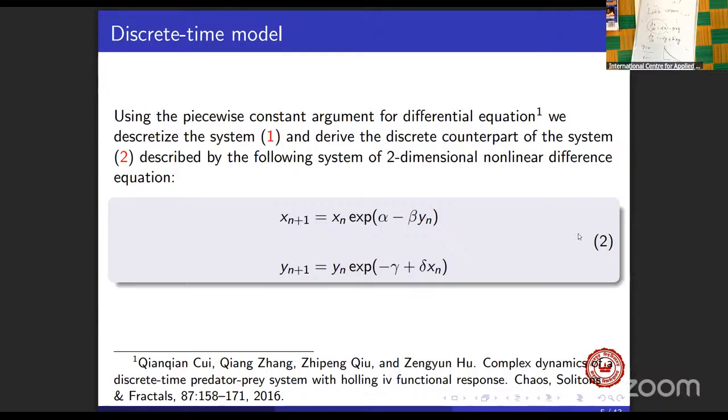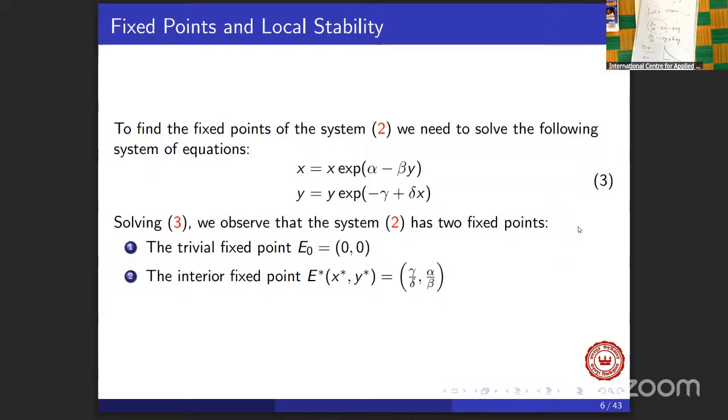Now we solve by the same method as the continuous process, but here there is a trick. We consider x n plus 1 is equal to x n e to the power alpha minus beta y. To find the equilibrium point, we need to solve the following system of equations.